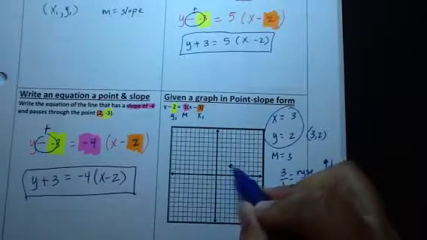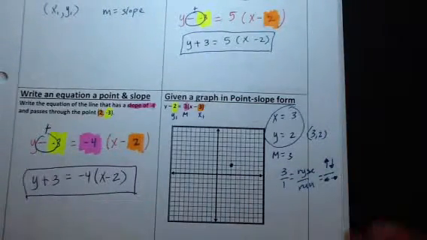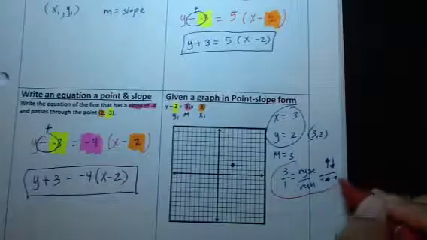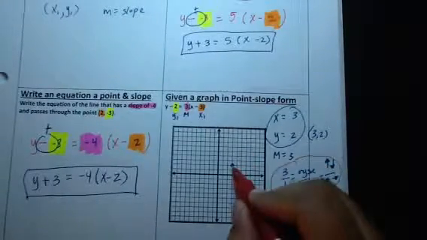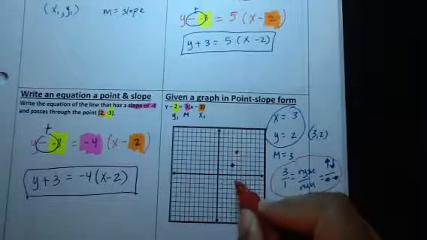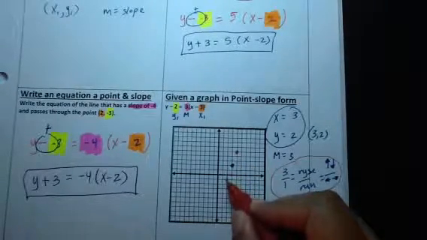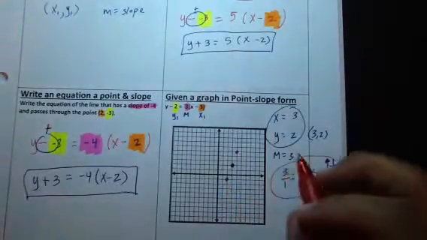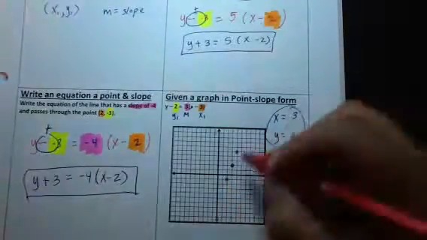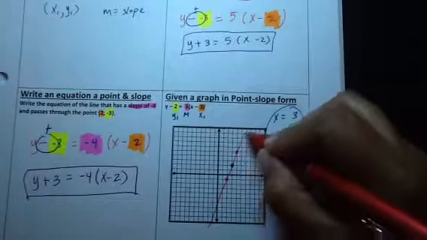So that's the point. That's this guy. Now we're going to use the slope. We're going to take this and now go up 1, 2, 3 over 1. Or I could go down 1, 2, 3 over 1. And then I'm going to connect the dots. And I've created a linear graph.